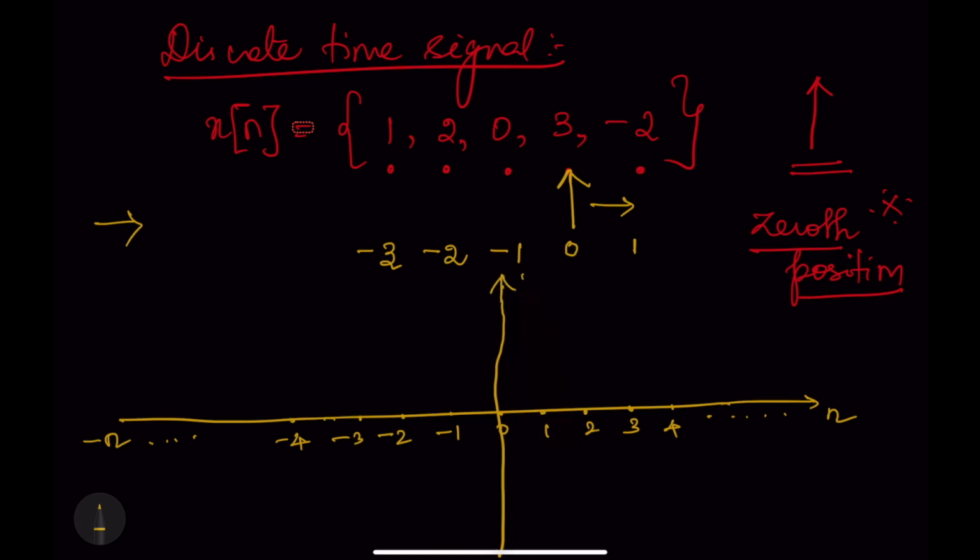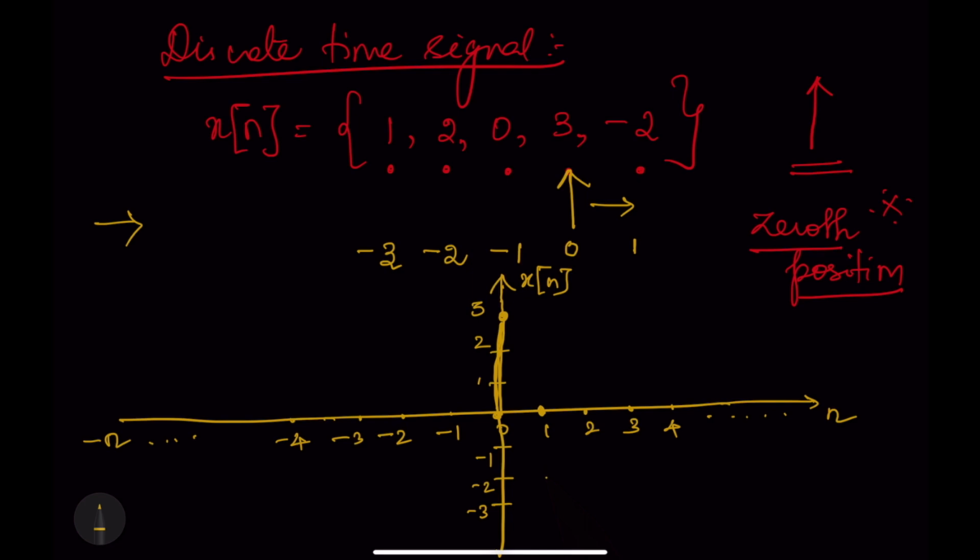So at the origin 0, what does it take? It takes the value 3. At the point 1, so let this be 1, let this be 2 and 3. So let this be minus 1, minus 2, minus 3, and it goes on. So when it is 1, it is going to take the value minus 2.